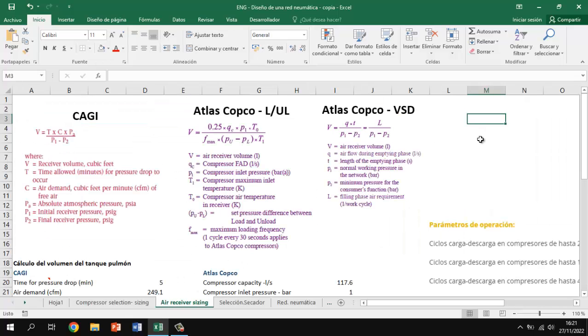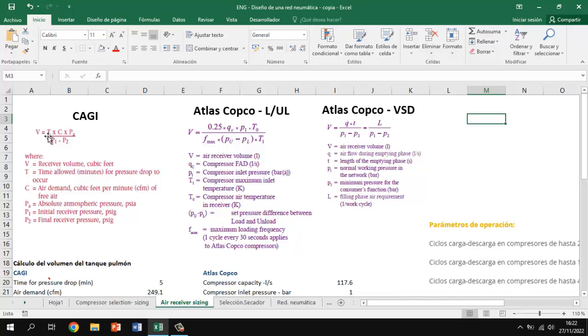So for today, we have three equations to calculate our air receiver. First is the GAGI. GAGI is like the institution of all pneumatic and gas topics. It's like the norm, the queen of all these topics.